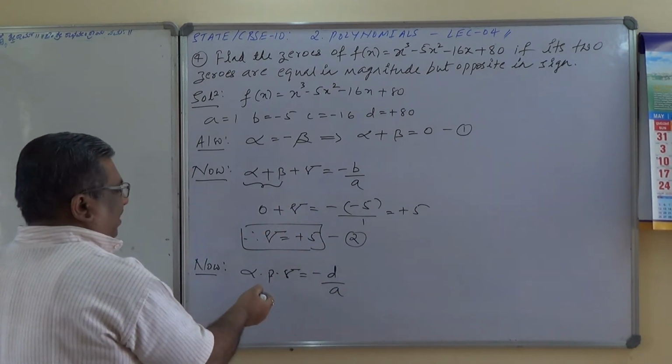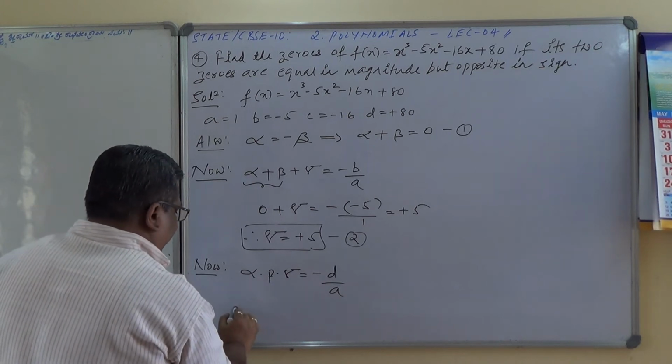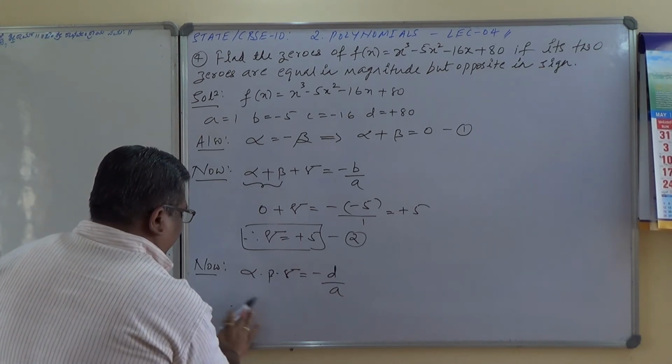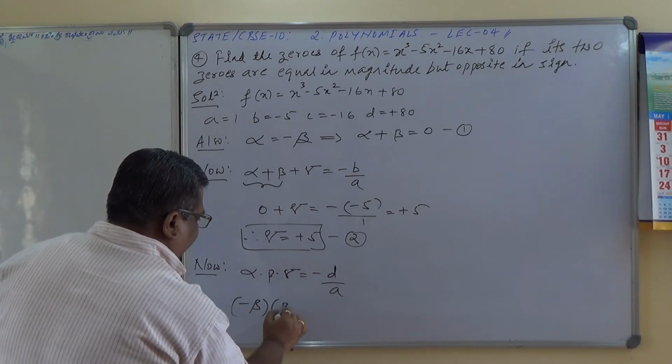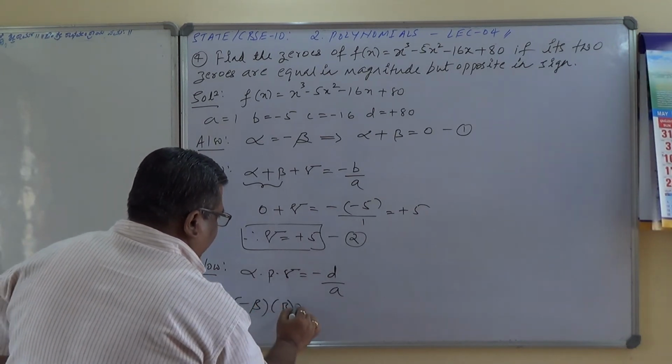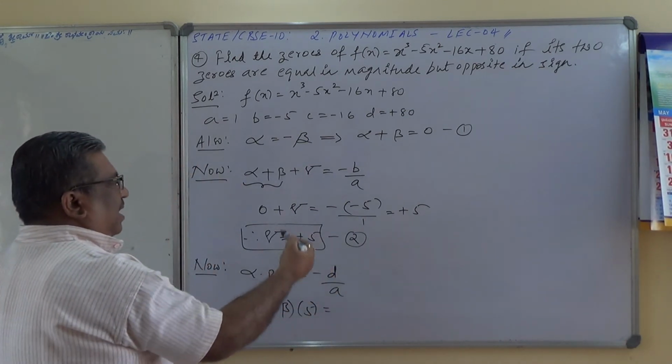What is alpha into beta? Alpha equals minus beta. So alpha into beta into gamma, with gamma as 5, equals minus d by a.